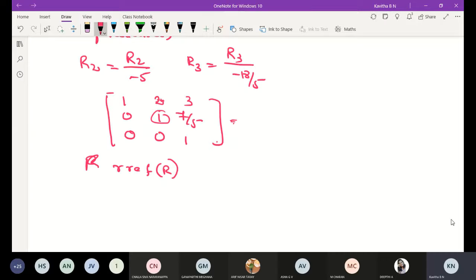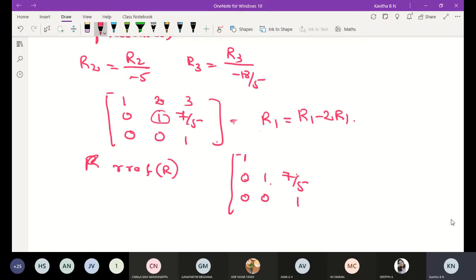Then write down R1 is equal to R1 minus 2R2. Second row and third row we write down as they are: 0, 1, 7 by 5, 0, 0, 1.